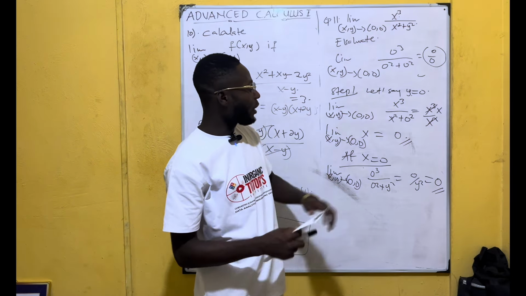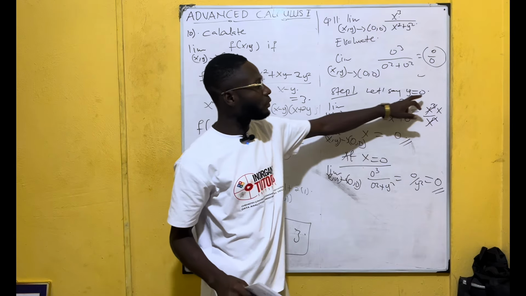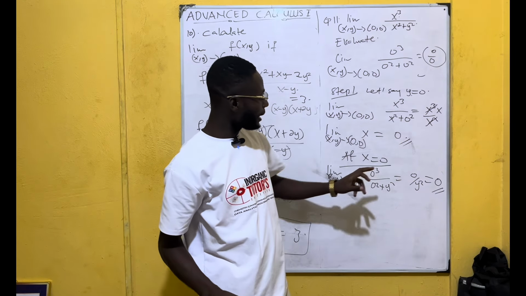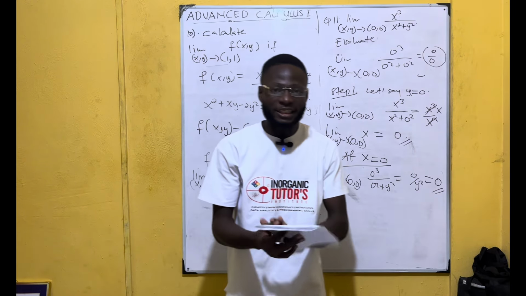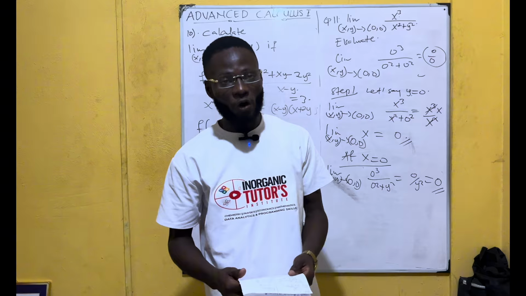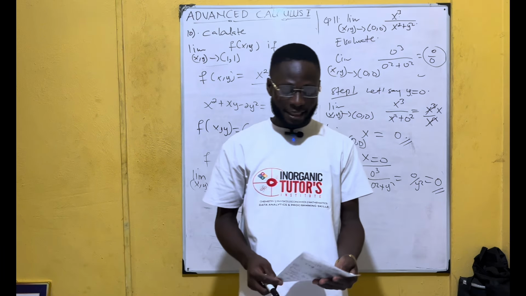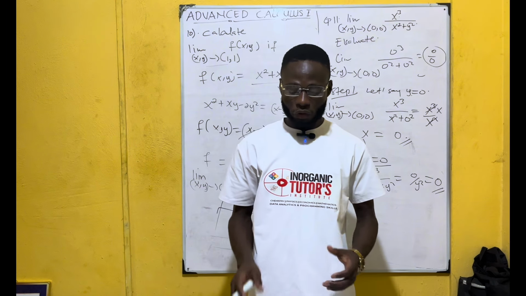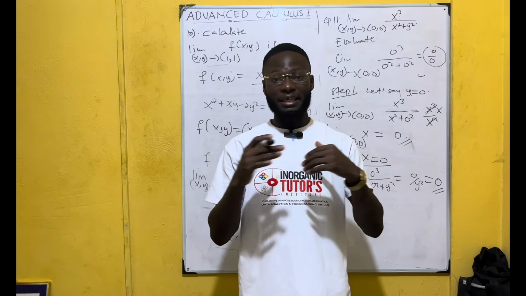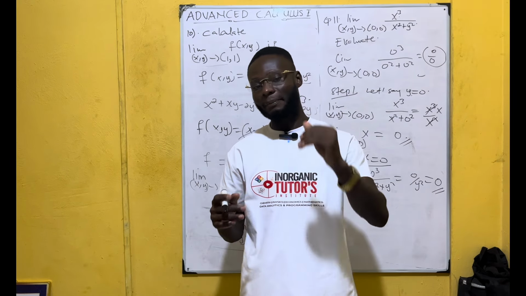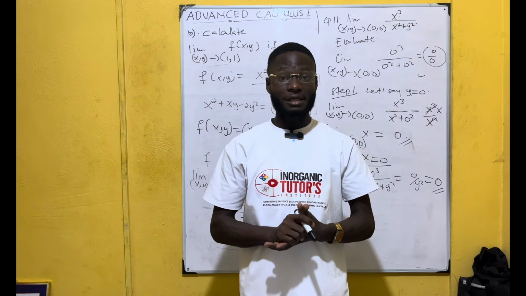So along y equal to 0, we had 0, and along x equal to 0, we had 0 as well. This clearly proves that since the different path approaches are giving us the same result, the limit exists at 0.